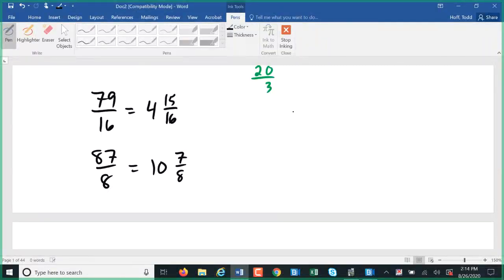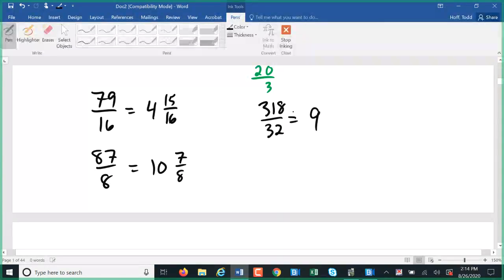And number 27, 218 over 32. 9 and what? 30 over 32. Good. And finally, number 29, 451 over 64 is 7 and 3/64.